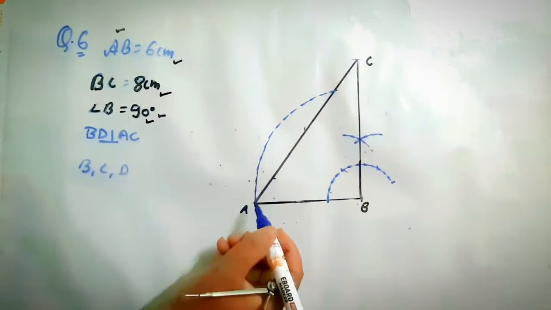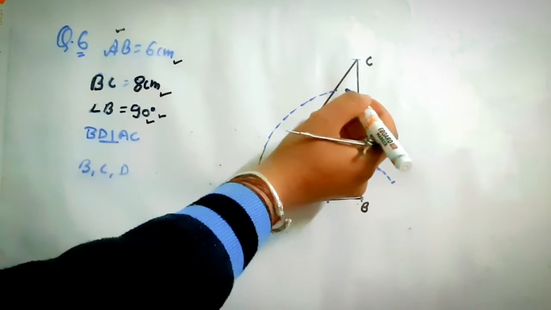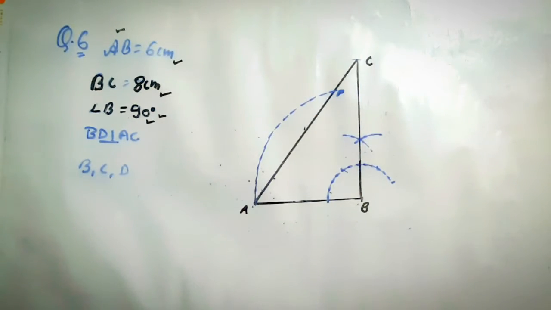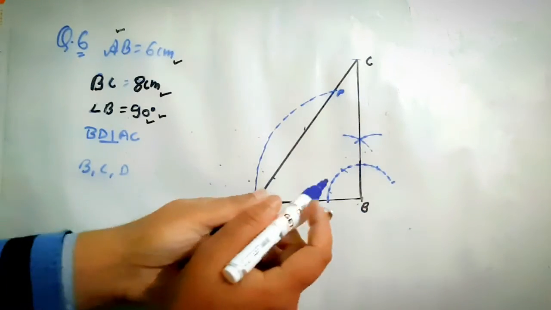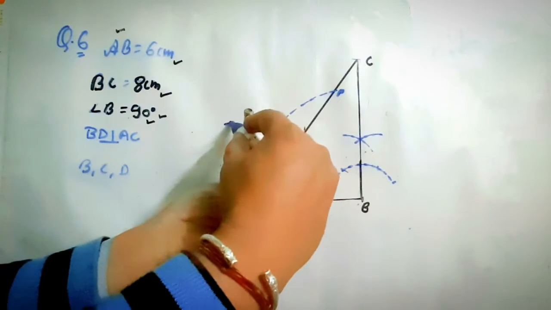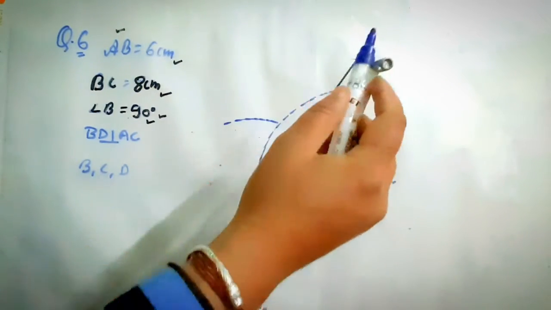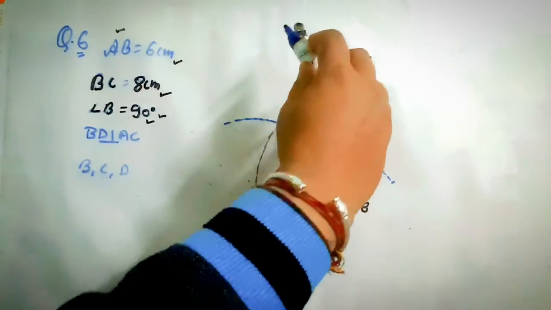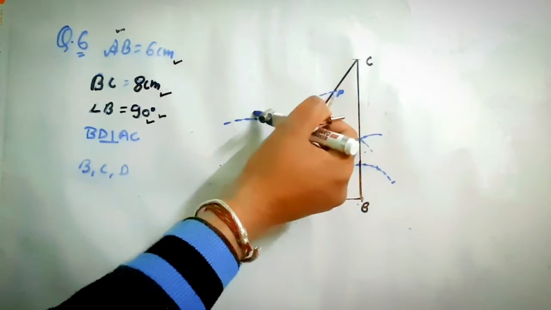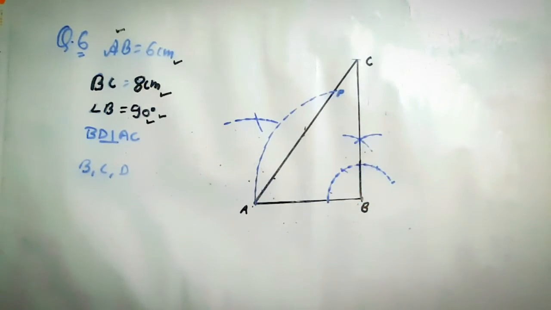The arc intersects at 2 points, point A and point P, I am taking. Now bisect AP. Open more than half, then draw an arc, and place on P and draw another arc. Now see, this will be the method to draw a perpendicular from point B on AC.